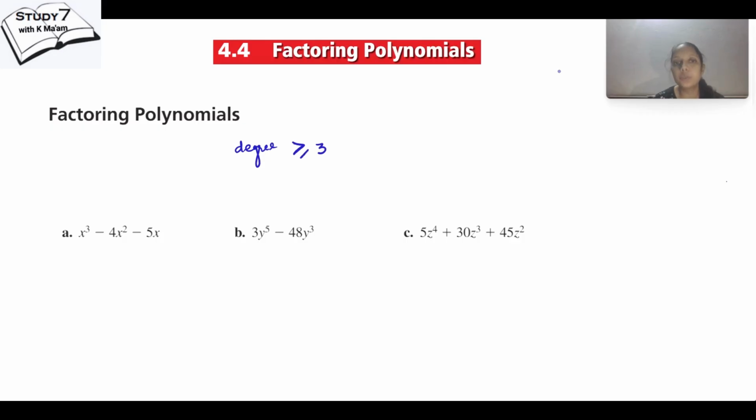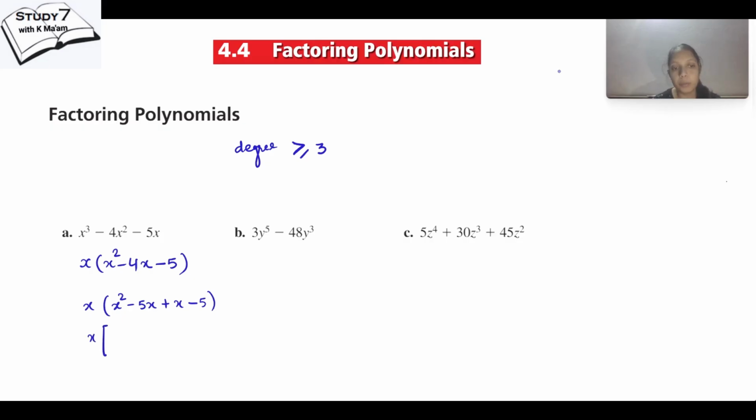So let's see the first question, x cube minus 4x square minus 5x. I take x common, then I am left with x square minus 4x minus 5. Here you can find the factors. What are the factors in this case? If you use splitting the middle term, negative 4x can be written as negative 5x plus x.